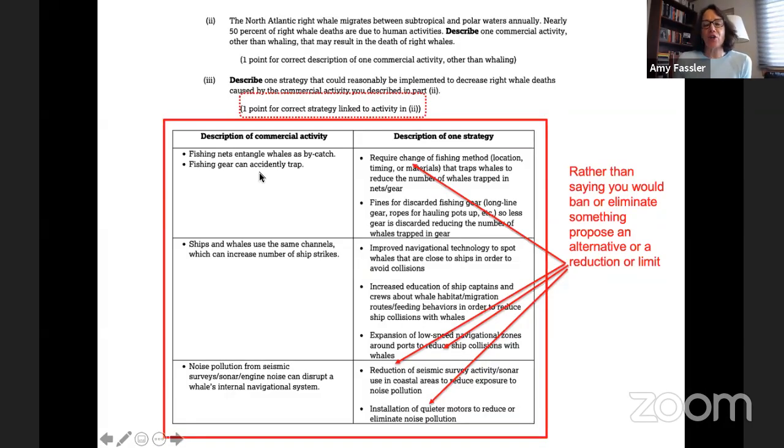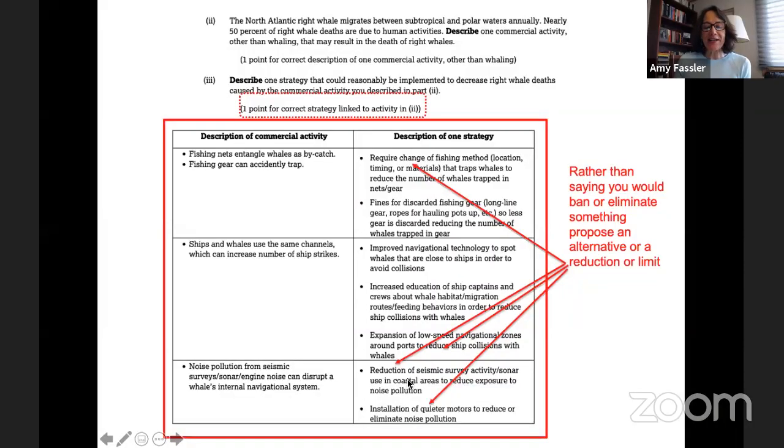Rarely can we have a justifiable, reasonable solution simply banning or eliminating a process. So if you're a little bit unsure, always think if you can express a way that you can reduce the impact of something, or limiting it, or providing an alternative. Notice that idea comes up in a lot of our descriptions of strategies. Changing a type of fishing method. The time of year that I fish, maybe I don't get to be in that fishing area where whales are when whales are migrating.